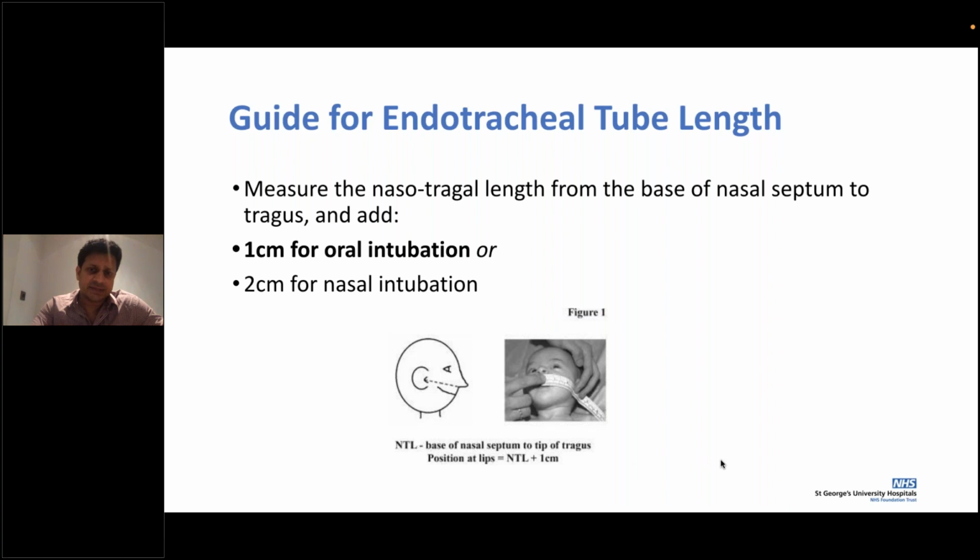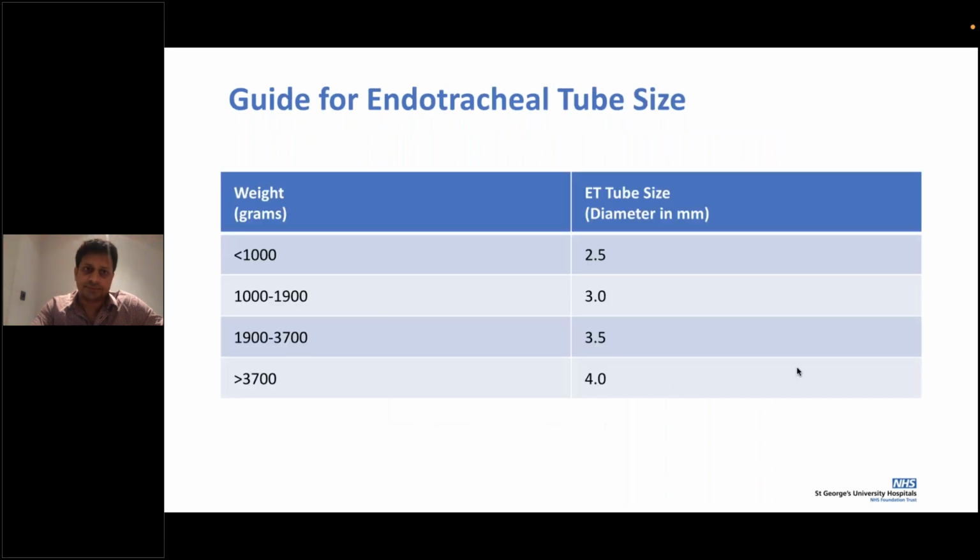In that case, an oral intubation happens first, and then a nasal tube is introduced, and you use a forceps to advance it through the vocal cords thereafter. So again, a rough guide.